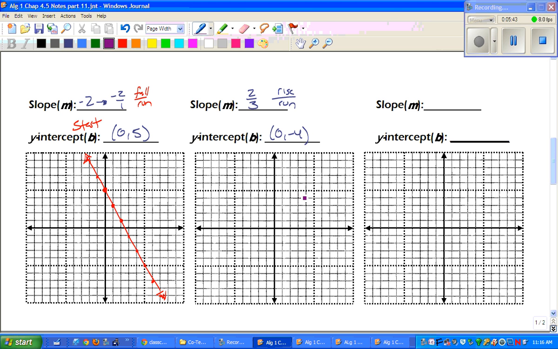We are starting at -4, which is down here, and following the slope, which is up 2/3. I'm going up 2 lines over 3 lines, up 2/3. And I like to just continue my pattern both ways. That way it's going to be nice and easy for me to draw that line.